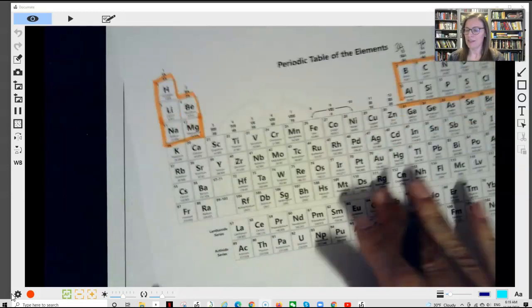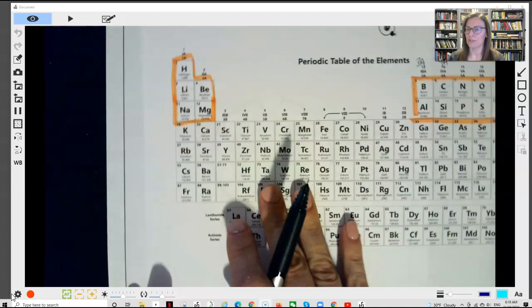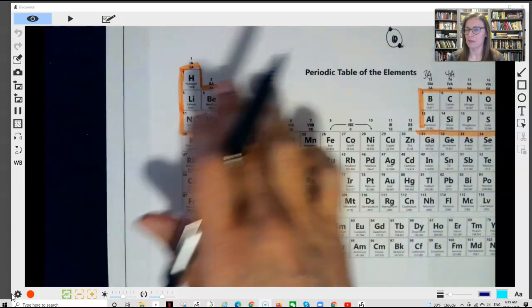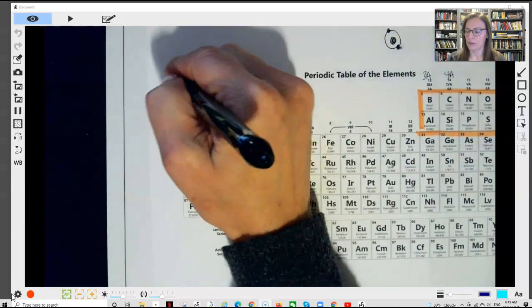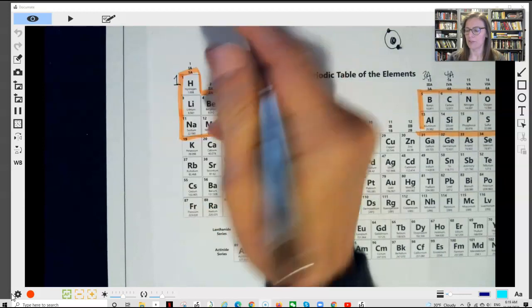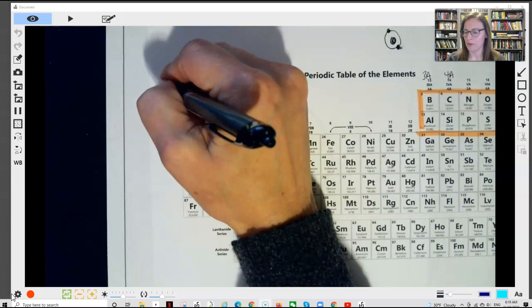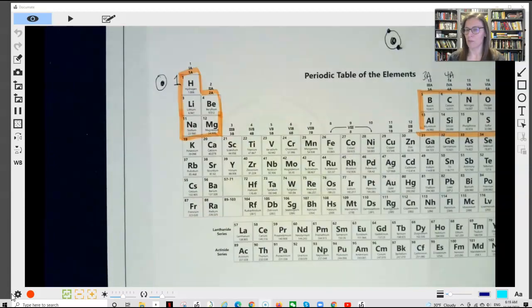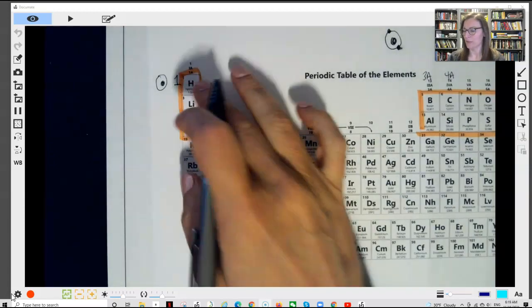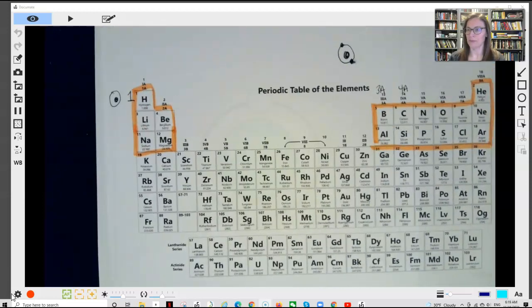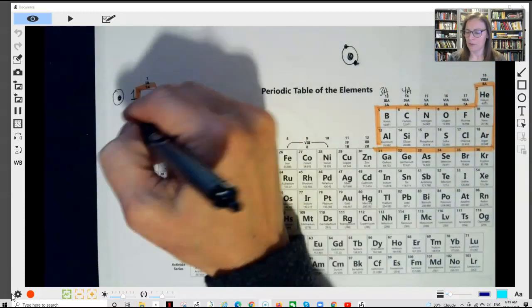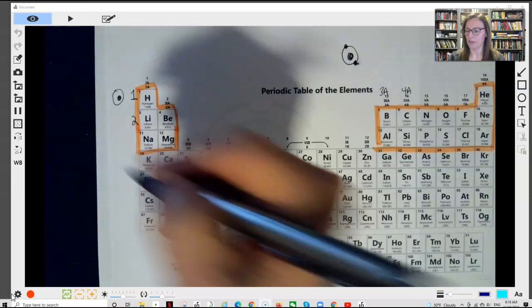And so what we see is that actually energy levels correspond to the period. So we're only going to have 1 energy level for period 1, okay? So if this is my nucleus, I would have 1 energy level for both of those atoms, all right? For period 2, I would have 2 energy levels, right?